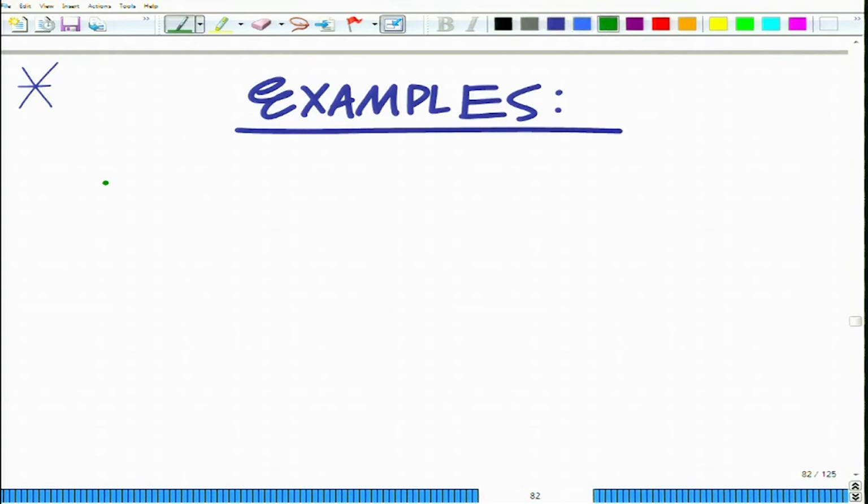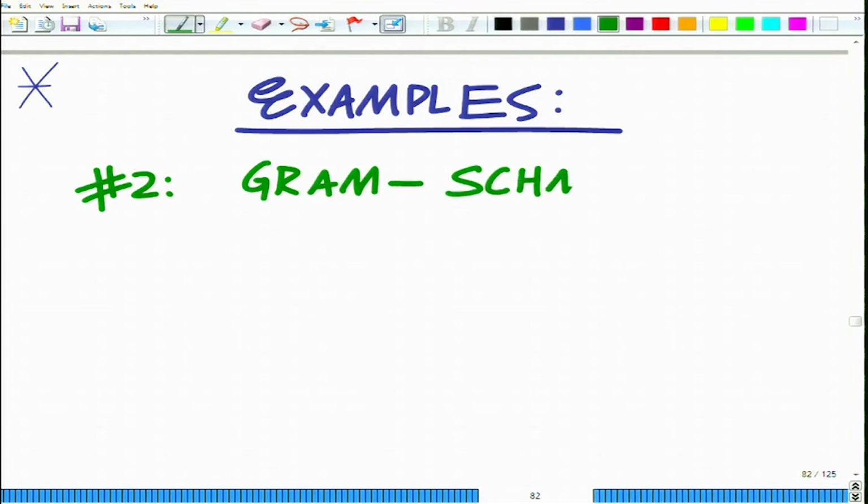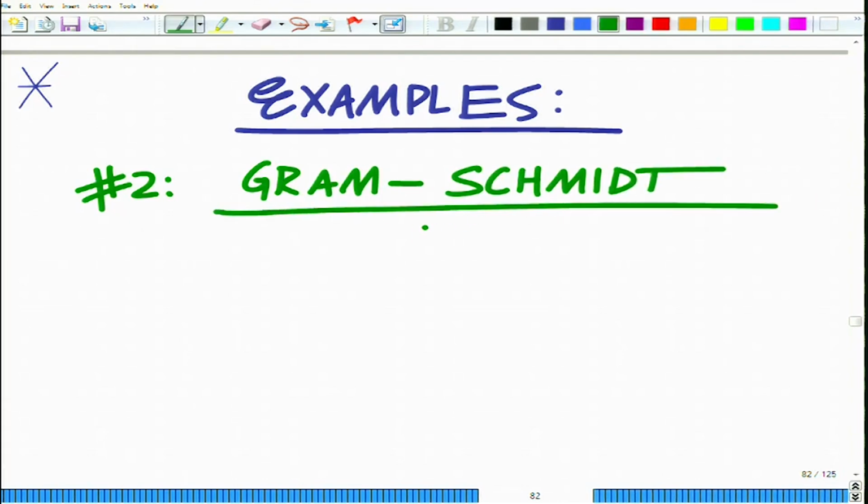And as part of the second example, what we want to look at is the Gram-Schmidt procedure for orthonormalization.